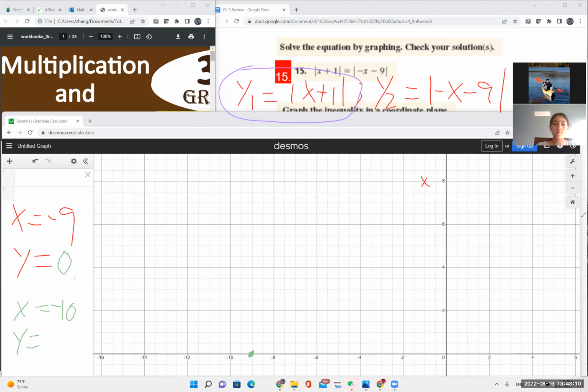Negative, well, 10 minus 9, 1. Okay, mark it. Then could you please draw it? Draw the graph. Okay, looks good.